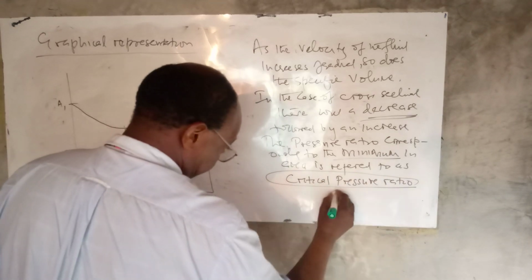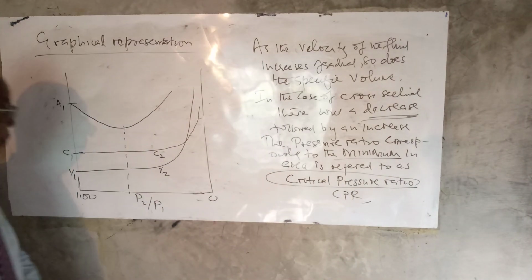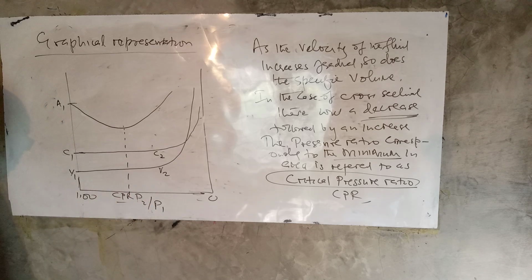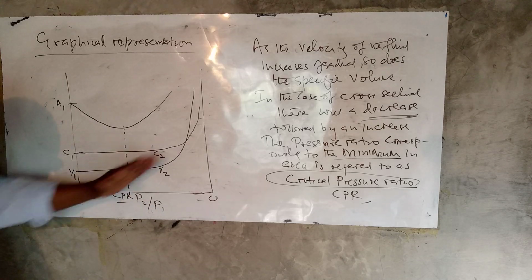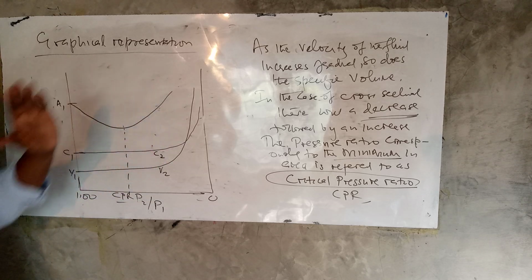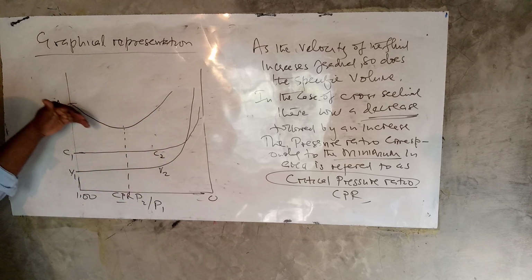Think of it as CPR. So that corresponds to the critical pressure ratio. You notice the specific volume will increase gradually just as the velocity increases gradually. But the area will decrease.